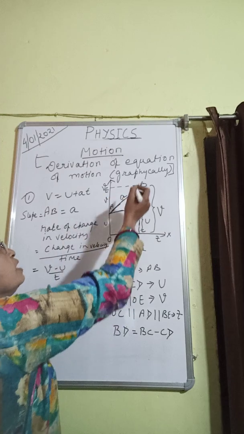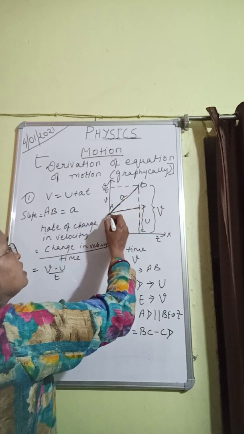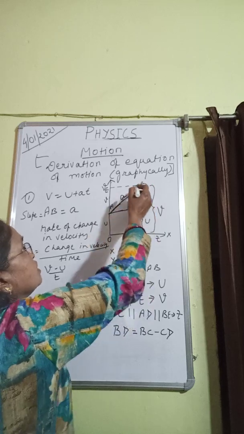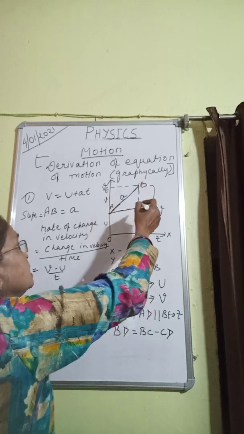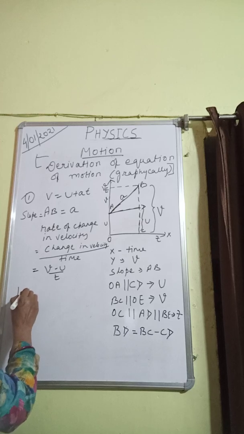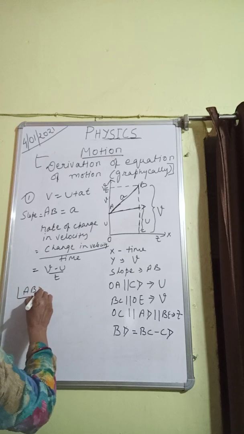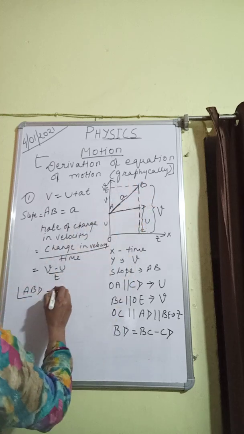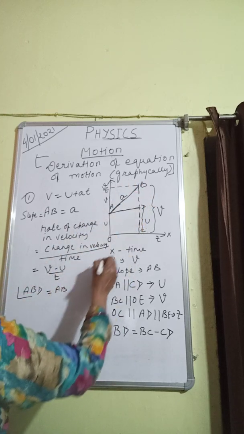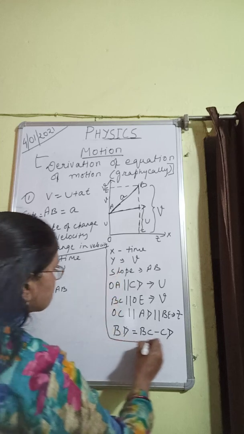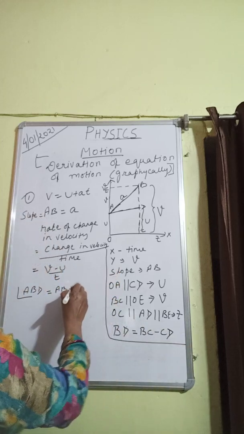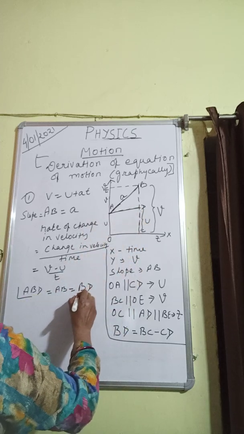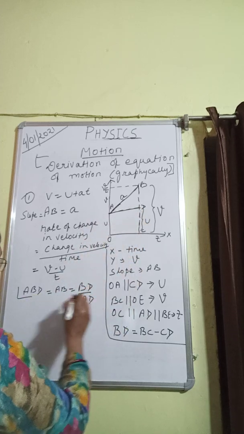So here you see, from the graph, from the triangle ABD, this is the hypotenuse AB. We can write AB is equal to BD by AD.